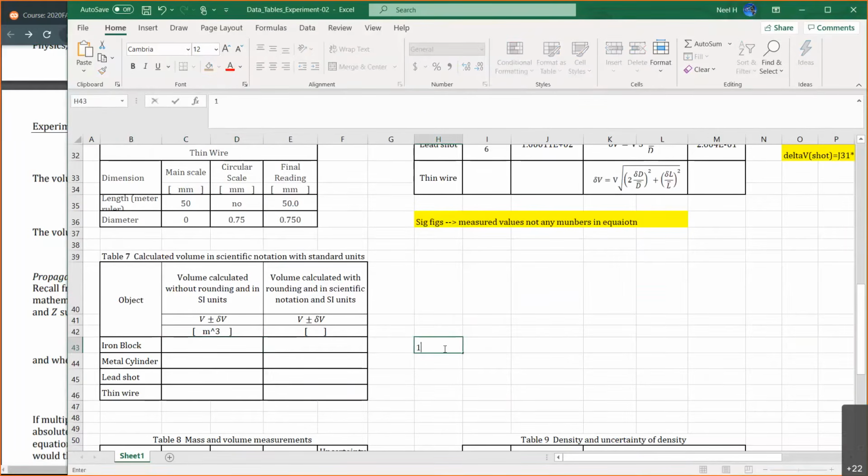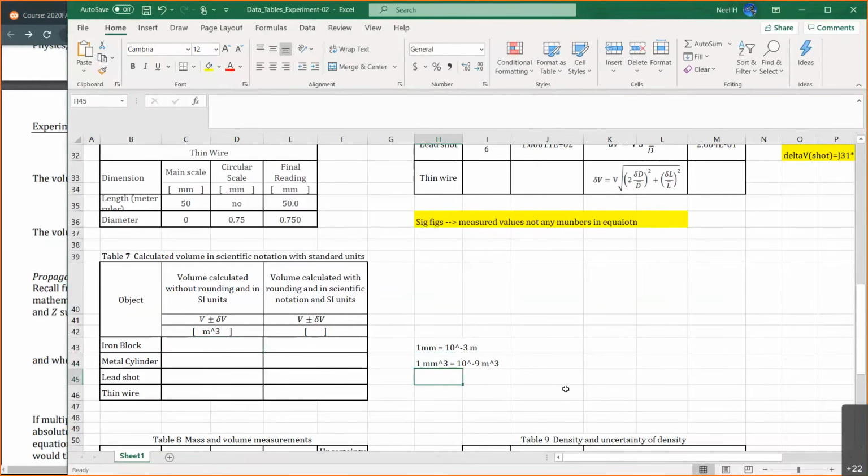Let's take a look at the conversion. 1 millimeter is equal to 10 to the power minus 3 meters, right? So if you cube one side, 1 millimeter cubed is equal to 10 to the negative 3, cubed, right? Which means 10 to the minus 9 meter cubed.